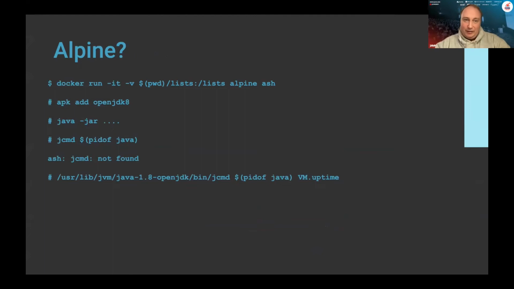Install OpenJDK 8 in this case, and try to apply a basic diagnostics command, the jcmd command. But this command is not found. What's the problem? Well, it's actually there. We can invoke it, and we can finally ask our virtual machine, what's your uptime?